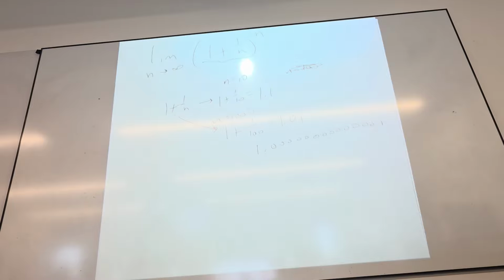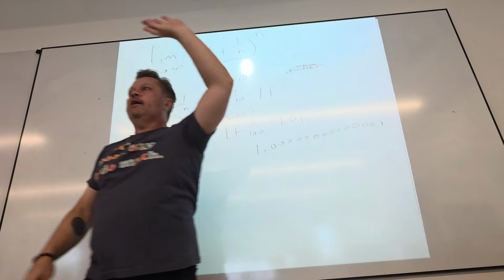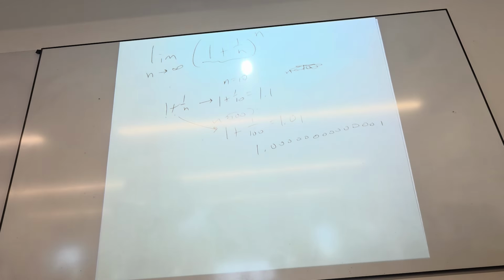Yes. The inside never gets to 1, and this power just keeps growing. If the inside was 1, the answer would be 1, because 1 to any power is 1. The inside is never 1, so they kind of average out. The answer isn't 1, and the answer isn't infinity, it's a finite number.